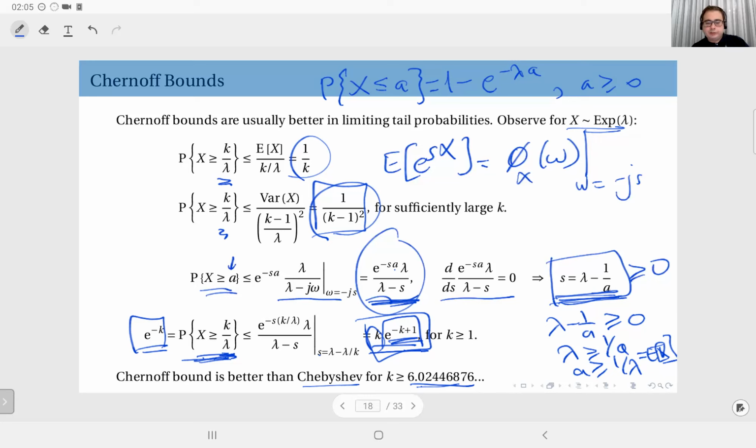Now, as I said, these bounds are useful when you do not know the distribution. So you might ask, we have worked on the Chernoff bounds for the Gaussian and the exponential distribution, for which we know the distributions.